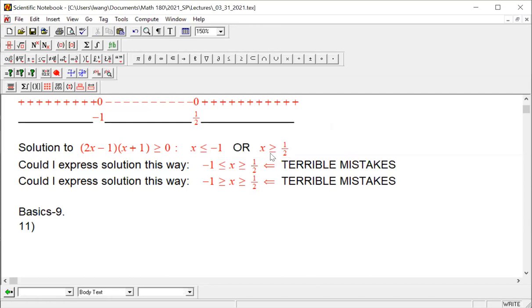It's an or situation. Okay, and of course we could solve it by the quadratic formula, and there are so many ways to do it.